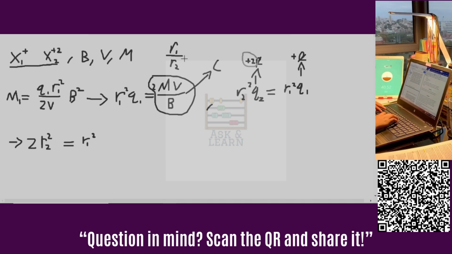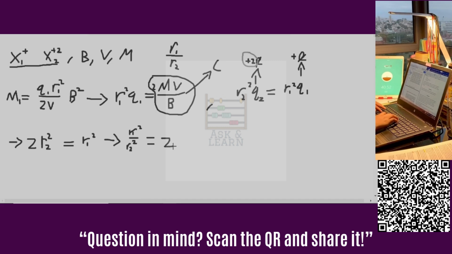Now we want the ratio of R1 to R2. So I'm going to flip the equation again to get what we want on the left-hand side. If we divide both sides by R2 squared, we'll just be left with the 2 on that side. So divide R1 by R2, these are both still squared, and we just have that 2 left on that side.